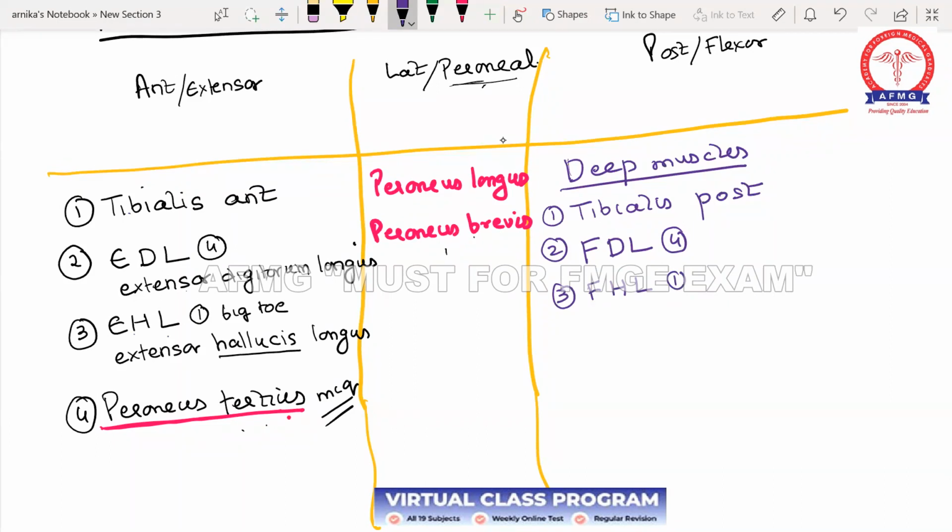Clear? This is peroneus tertius. There is no more peroneus muscle. So instead we have a muscle here called popliteus. This popliteus is also known as the unlocking muscle of the knee joint.